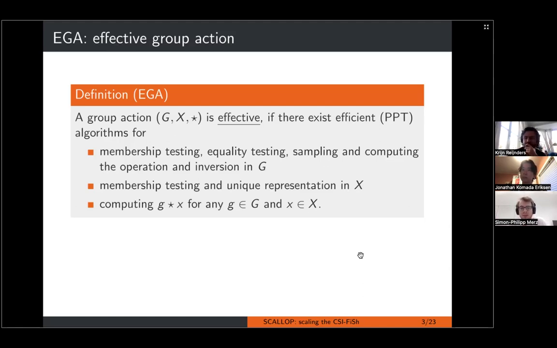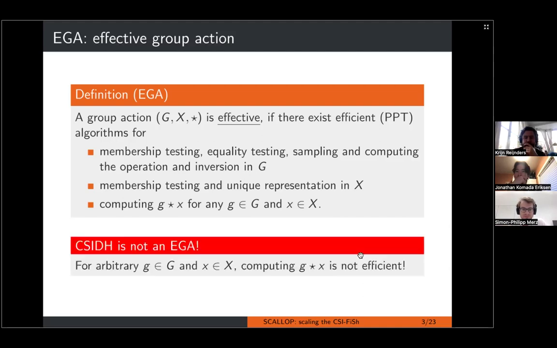And you want to have membership testing and unique representation in your set X. But the main point of an effective group action is maybe even that you can evaluate it everywhere. Any group element can act on any set element, and you can efficiently evaluate that.